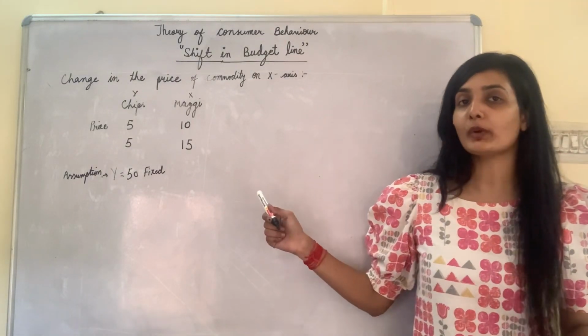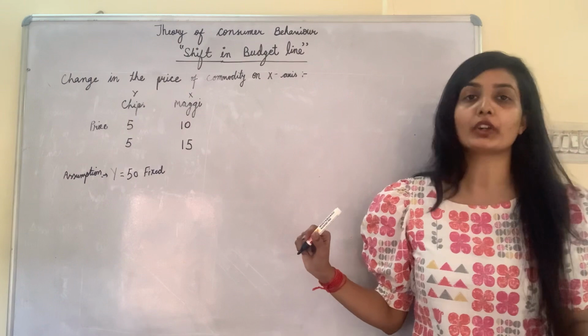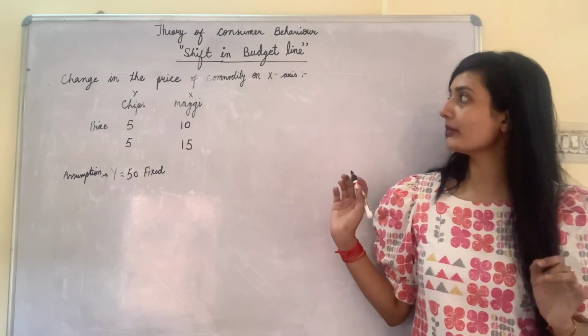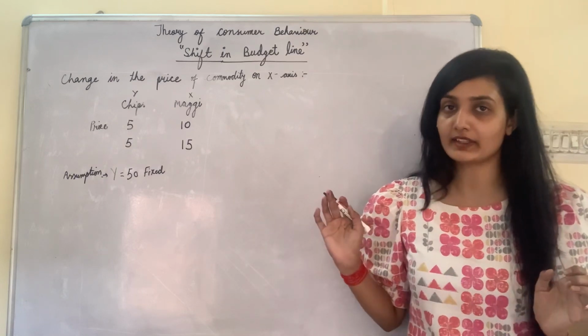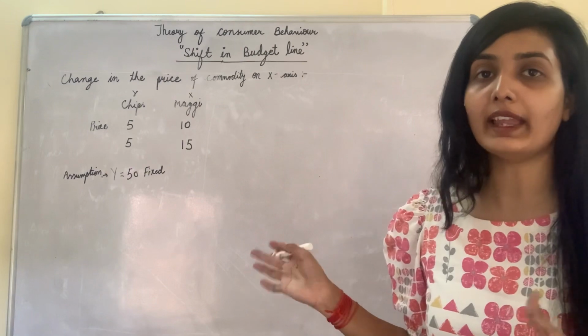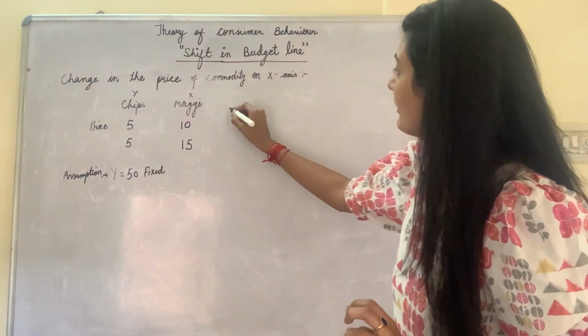So let's get started. Our next point is change in the price of the commodity on the x-axis, and the second condition will be change in the price of the commodity on the y-axis. First we are going to take the changes on the x-axis.